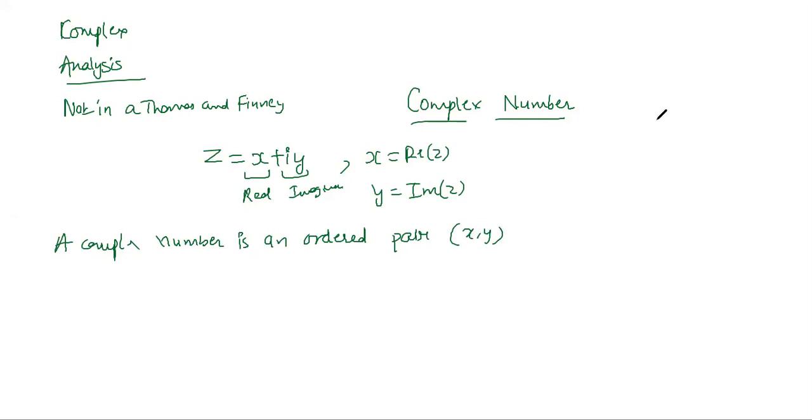Just to give you an example of a normal R2 plane. R2 plane means this two-dimensional plane which we always consider, the xy plane, right? So in this plane, if I write any point, say 2 comma 3, the order is important, right? This 2 refers to the x value and 3 refers to its y value. So 2 comma 3 will not be the same as 3 comma 2. They will be two different points.